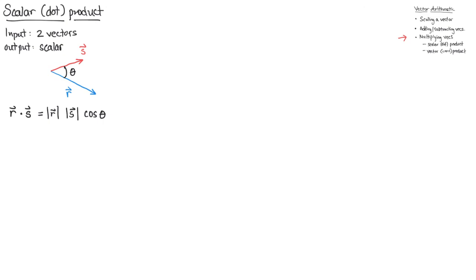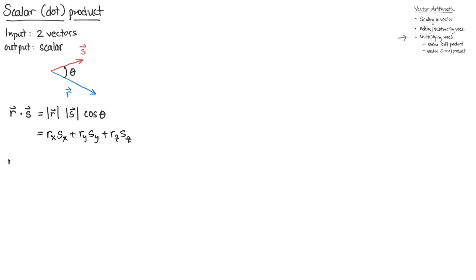It is equivalent, though, to say that r dot s is equal to the x component of r times the x component of s, added to the similar pairings for the y and the z coordinates.